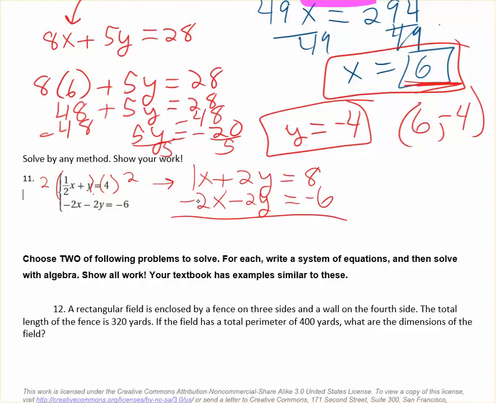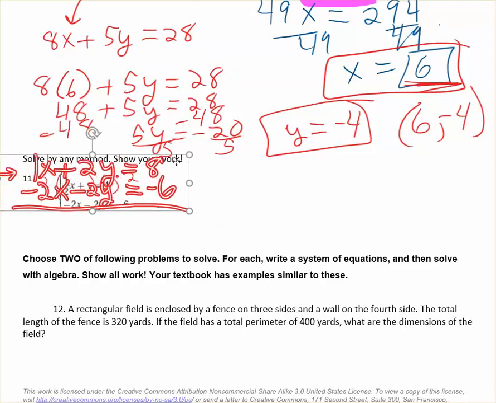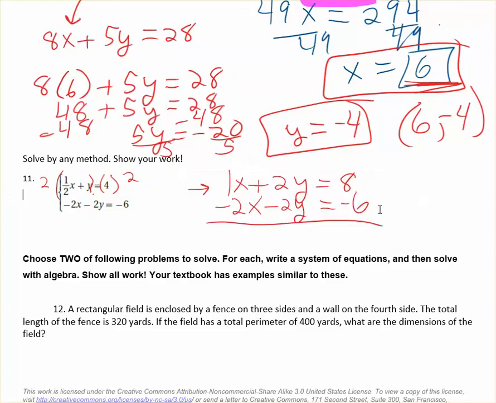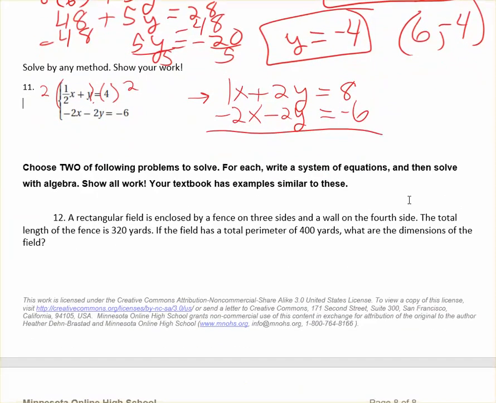So you could real quickly solve this by eliminating the variable that has a plus 2y and a minus 2y. Those would cancel if you add it together. Or you could do substitution. You could solve the top equation for x, because 1x is the same as x, and you'd say that x is equal to 8 minus 2y, and then you could proceed. So there's a couple different ways to do that one.